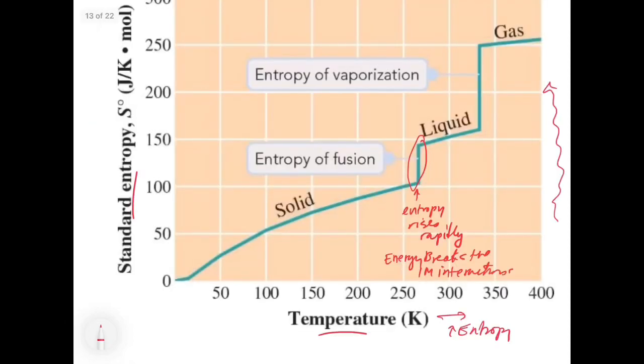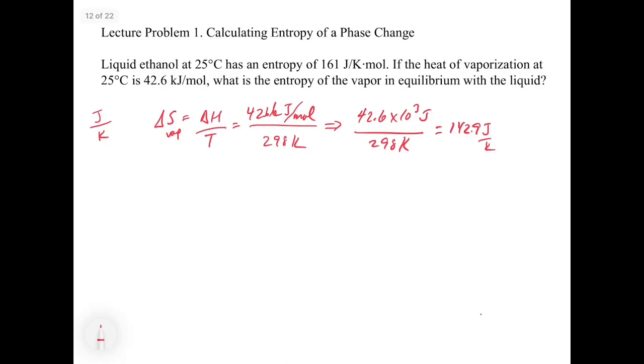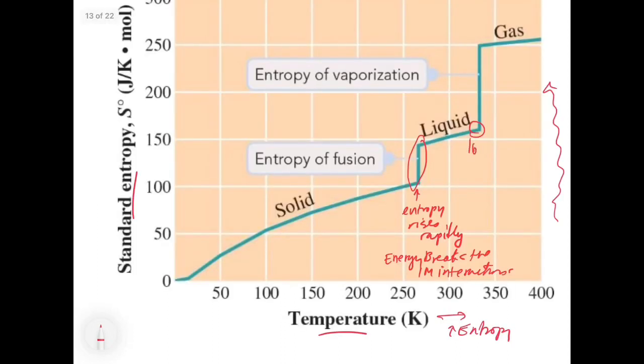Now, we have to understand what the problem is asking us for. If we go back to our graph, here we have the thing sitting as a liquid, and according to the practice problem, as it sits there as a liquid, its entropy is 161 joules per mole Kelvin. And then we just calculated what the change is for going up to the gas phase, and that is 142.9 joules per mole Kelvin.